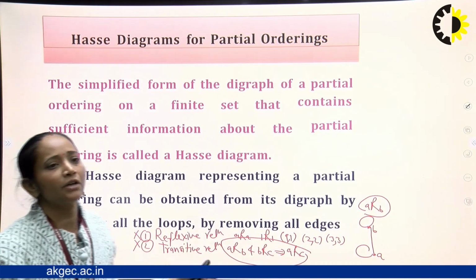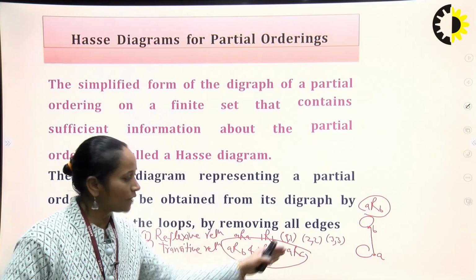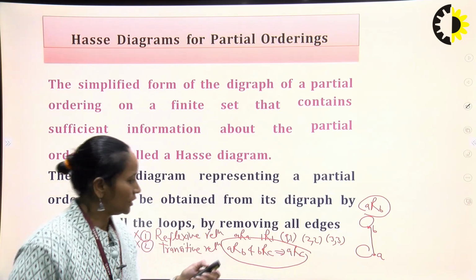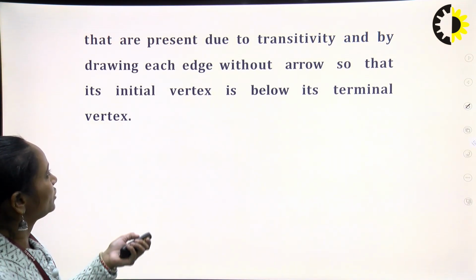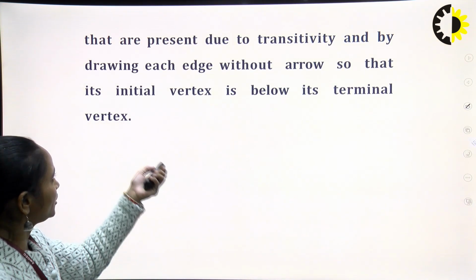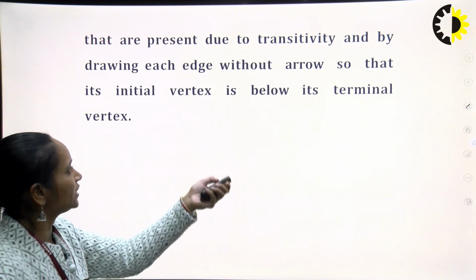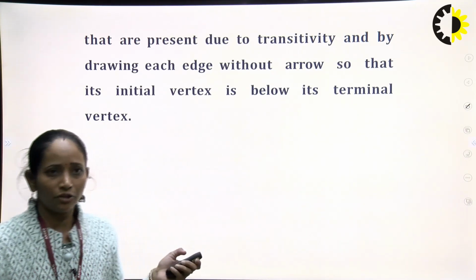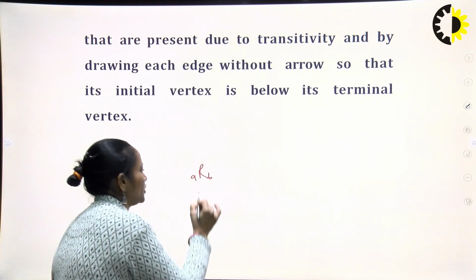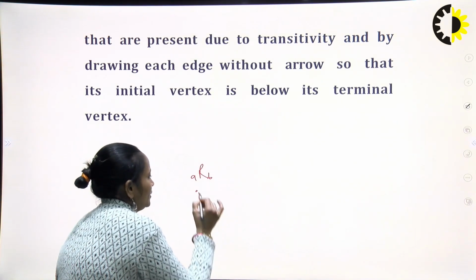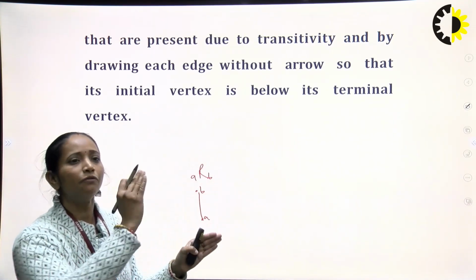Then the next point, transitive relation: if A is related to B and B is related to C, then we have to remove A is related to C. Remove the edges that are present due to transitivity, and draw each edge without an arrow so that its initial vertex is below its terminal vertex. If A is related to B, this is the initial vertex and this is the final vertex. A is related to B means B is above A.